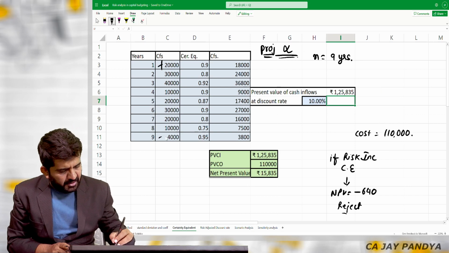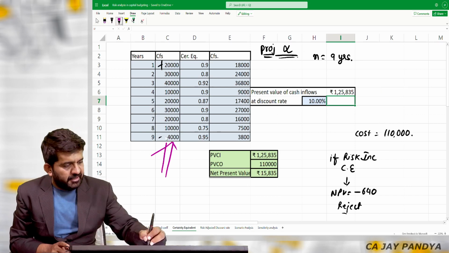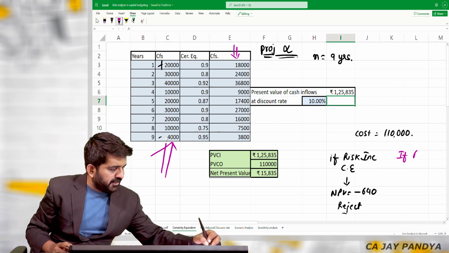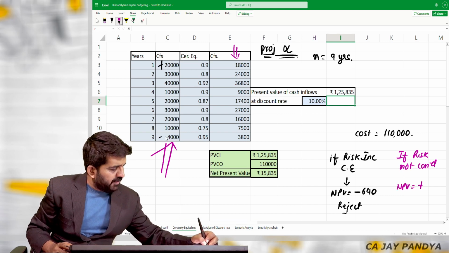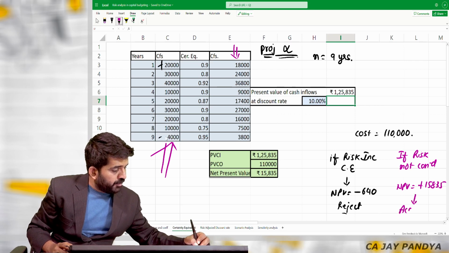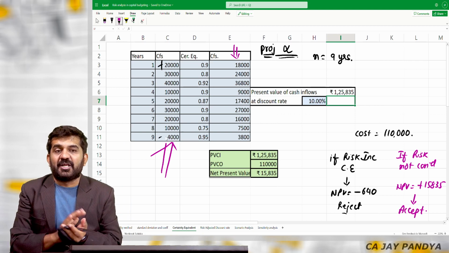What I have done is I have taken the present value of this cash flow instead of this cash flow. So I have not considered certainty equivalent. So if risk is not considered, what is my NPV? Positive 15,835. I would have accepted the project because I am ignoring risk.